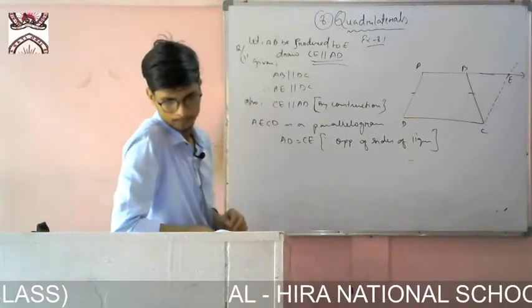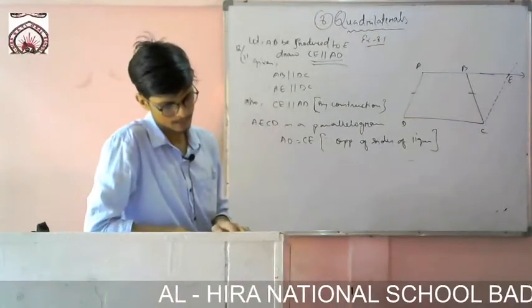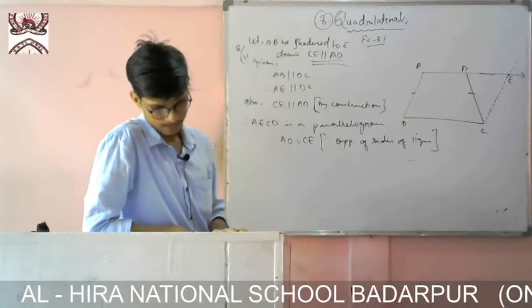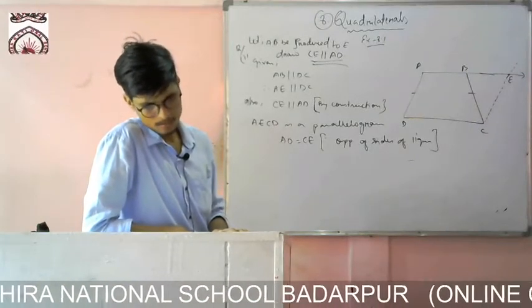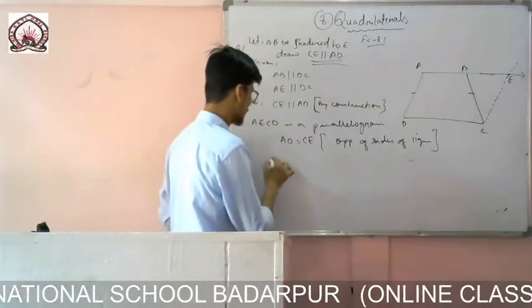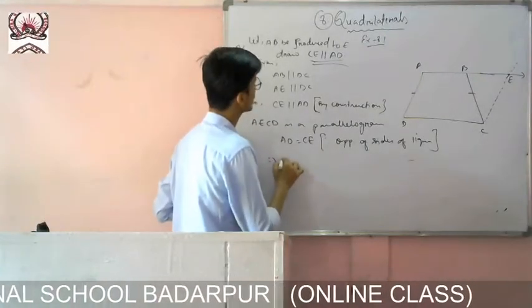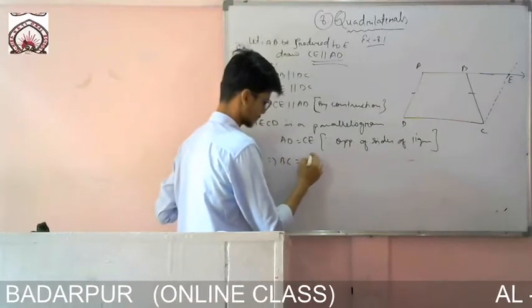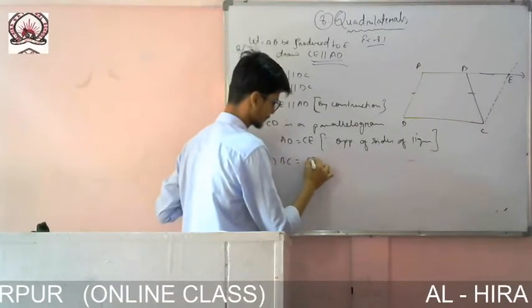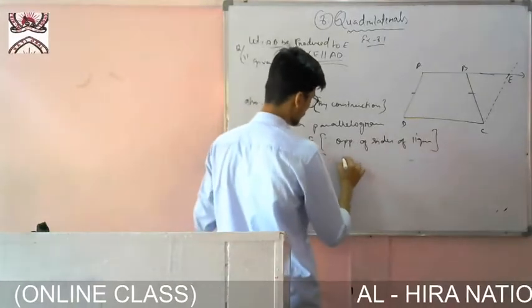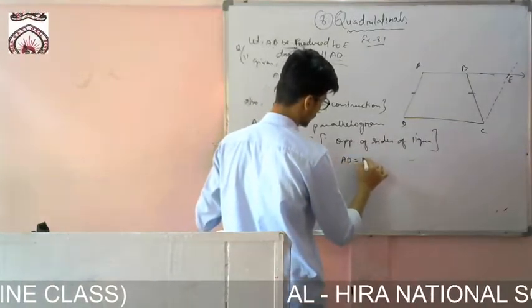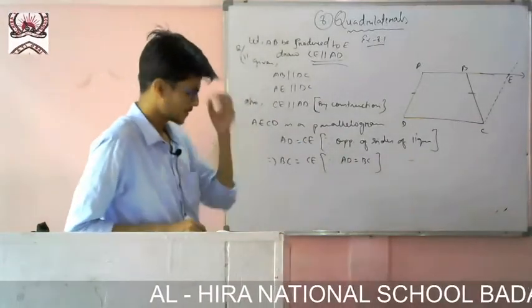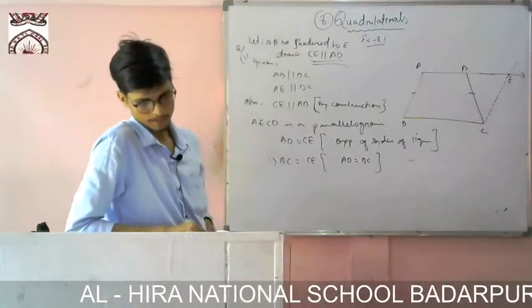But in the question it is given that AD is equal to BC. So in place of AD I can write BC, since AD is equal to BC. So BC is equal to CE.